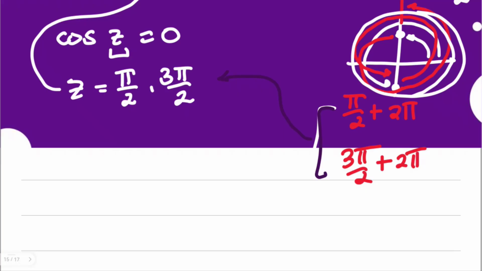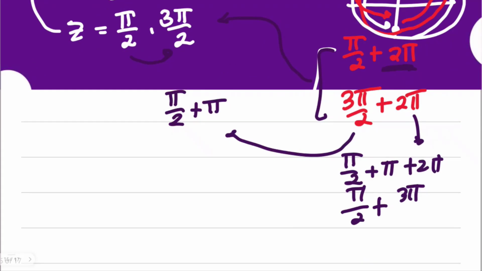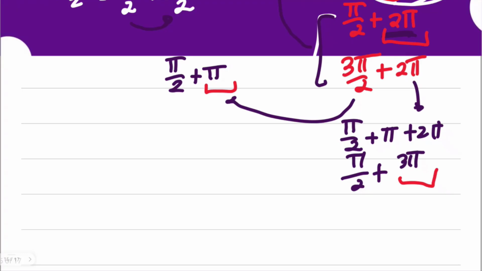It's very simple to look at. Take note that when you move from here to there, 3 pi over 2 is just pi halves plus pi. One of its coterminal angles is with 2 pi. Since 3 pi over 2 is just pi over 2 plus pi plus 2 pi, we have pi over 2 plus 3 pi. You can see that this value increases by pi, by integral values.